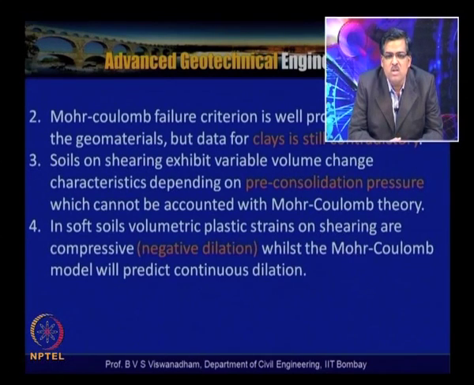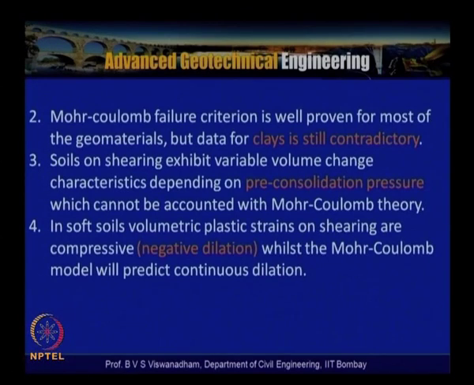In soft soils, volumetric plastic strains on shearing are compressive, that is negative dilation, whilst the Mohr Coulomb model will predict continuous dilation. So these are some of the limitations resulting from the Mohr Coulomb failure criterion or theory.